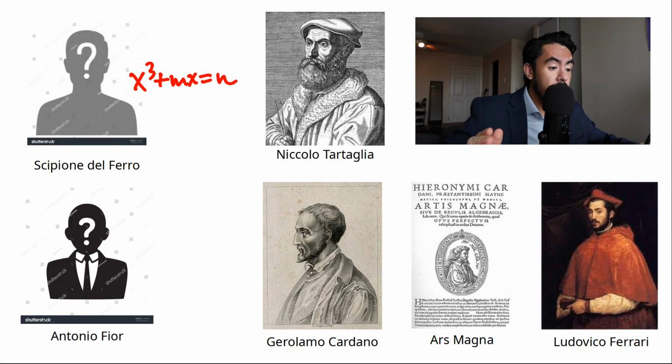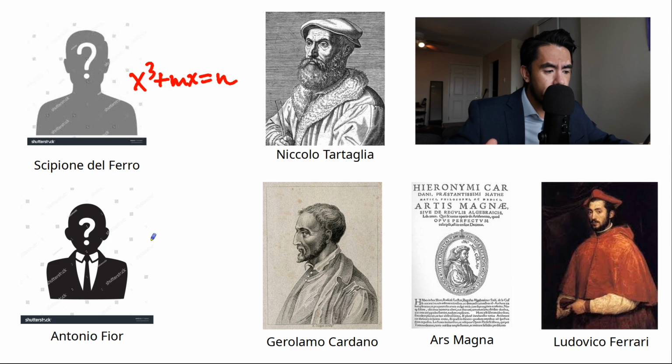So anyways, this guy Fior gets a hold of his teacher Del Ferro's method for this subset of cubics. And he challenges this other guy, Niccolo Tartaglia, who, again, for time perspective, was born in 1500 and died in 1557. So he's not exactly a contemporary of Del Ferro, but he's a little bit after.